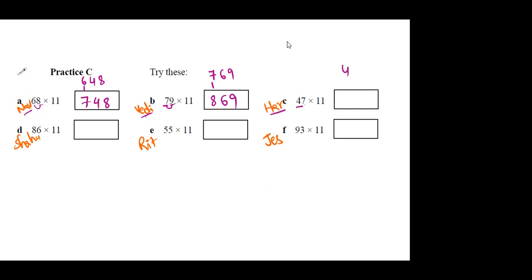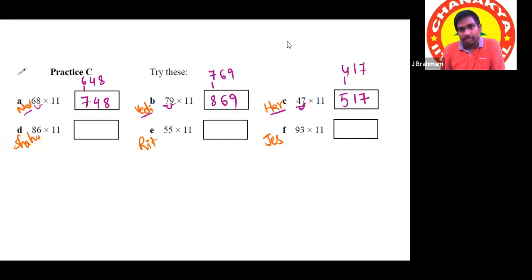And 4 plus 7 is equal to 11. And the last digit we'll write as 7 only. So 4 plus 1 is equal to 5. So 517. Right, very good.